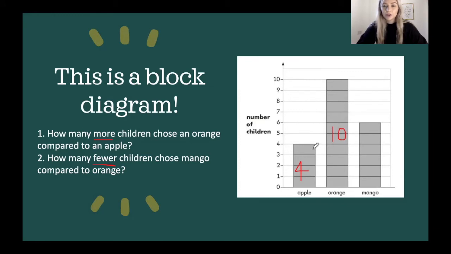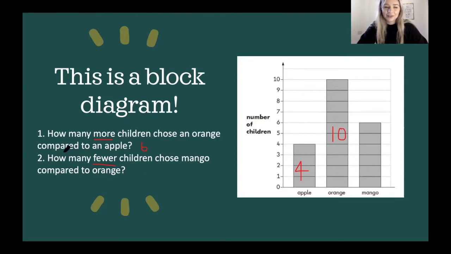What else we could do is just look at the diagram and we can count on to see how many more children chose orange. So let's count. We've got 4 already. Let's see what the difference is. 1, 2, 3, 4, 5, 6. 6 more children chose orange compared to an apple. Have a go at the second question for me and we will mark it together.